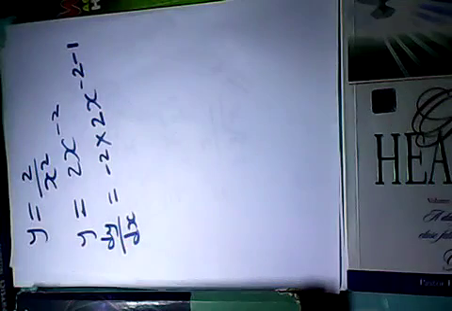Finally, we can have a question in the form of y equals 2 over x squared. To differentiate this, we can first rewrite it as y equals 2x raised to power minus 2. That is from indices. Now, applying the normal power function rule, we have dy/dx equal to minus 2 times the function 2x to the minus 2, subtracting 1 again from the original power of x.